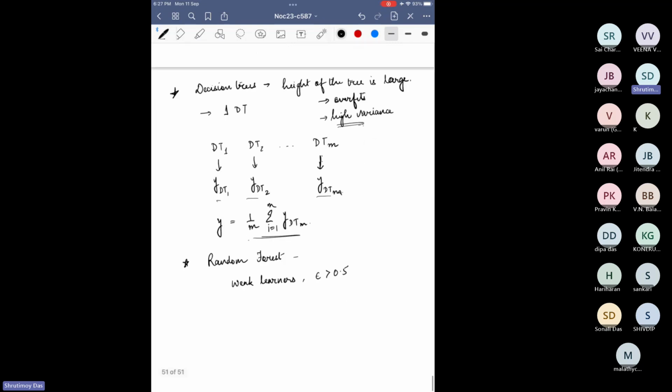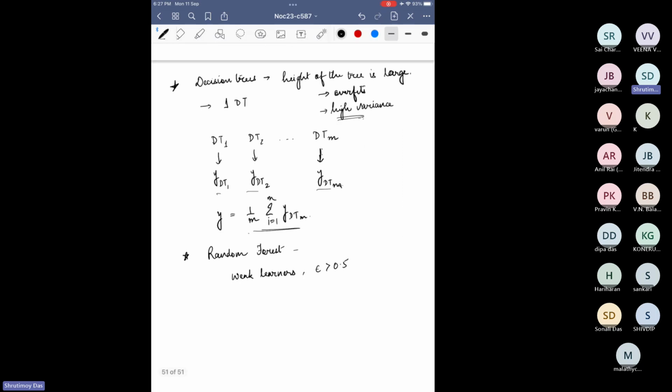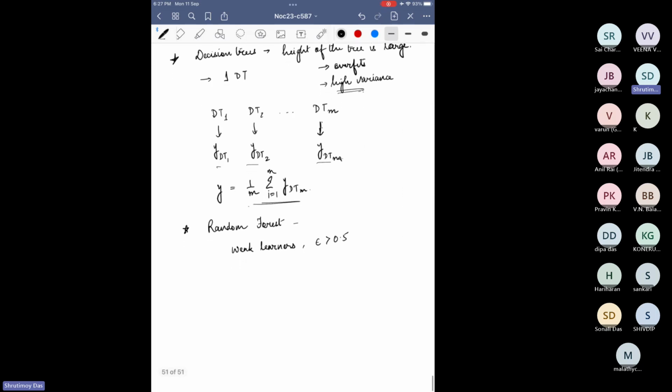So how to do that? Instead of one decision tree, you have multiple trees, and each of these trees is very small, suppose it has a depth of 1. So you have multiple such trees, say t such trees.